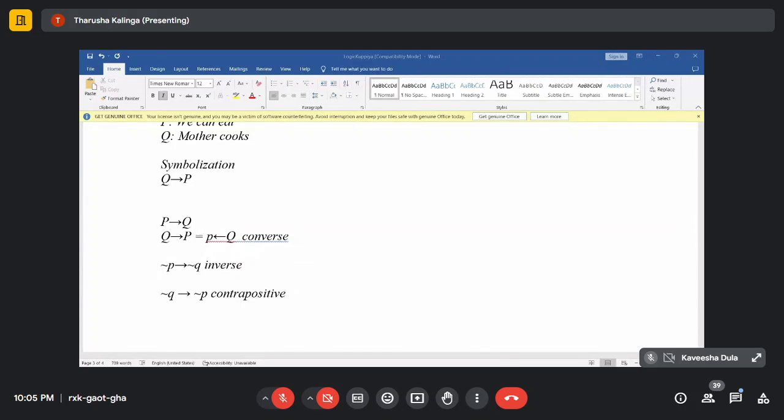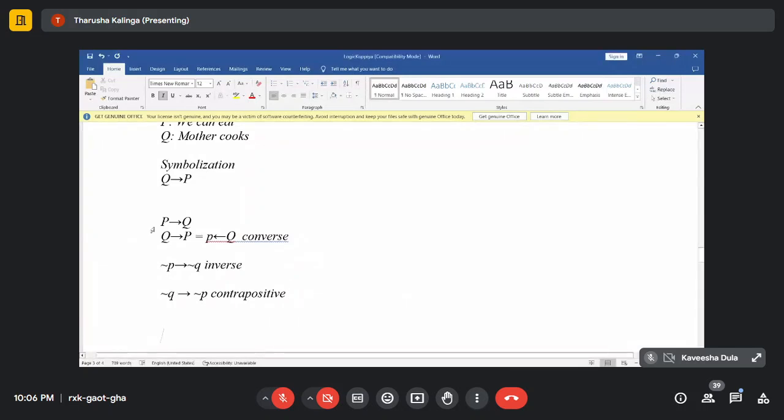biconditional operator, like this. So biconditional, do we have that? No, okay. Wait. Okay, biconditional. Biconditional means implication happens in both ways, like the way we did here.